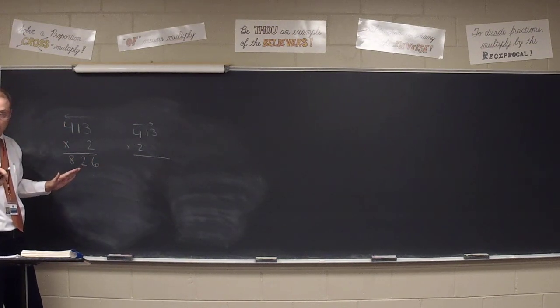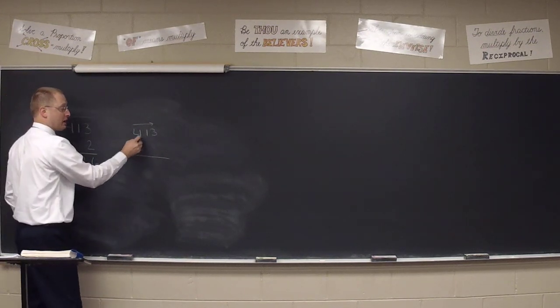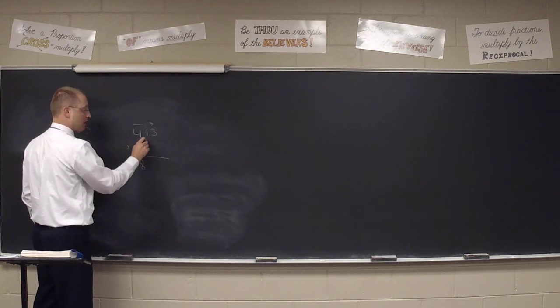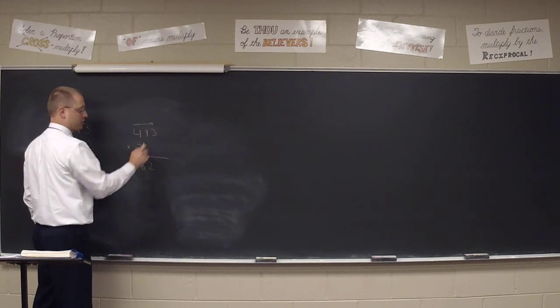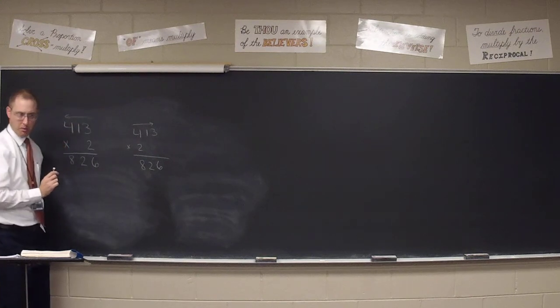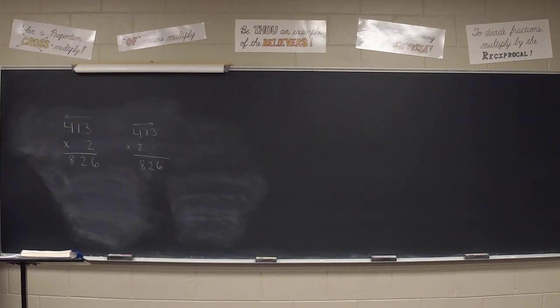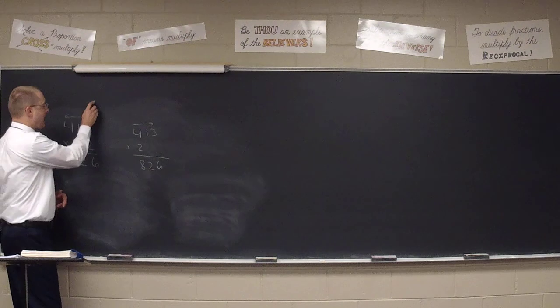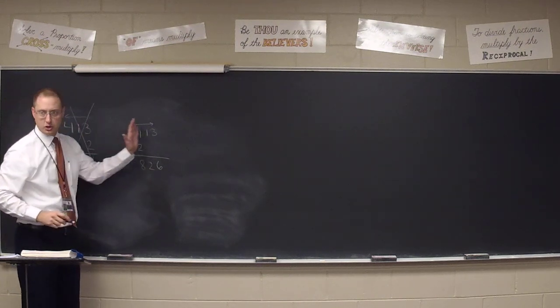Because there was no carrying, we could have said 2 times 4, 8, and 2 times 1, 2, and 2 times 3, 6. And we get the same answer, don't we? Well, in algebra, you don't have to deal with carrying often at all. And because that's true, everything in algebra is going to go this direction.